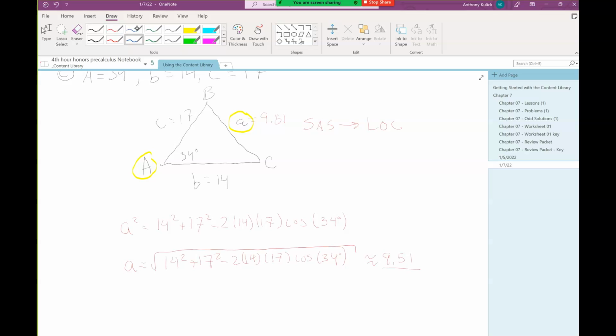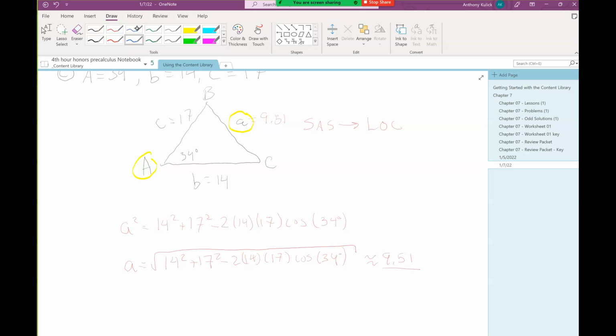It does if you want to make sure your life is not complicated. Who wants their life to be complicated? Nobody does, right? So the goal here is we want to avoid a side-side-angle situation where we can have 0, 1, or 2 triangles.